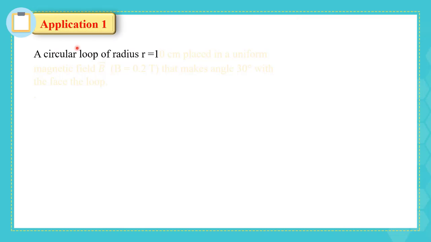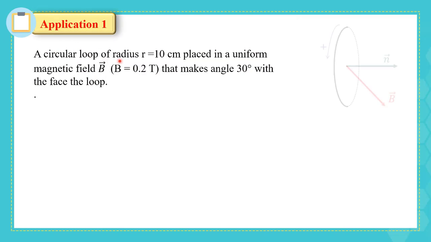Now let's solve application 1. A circular loop of radius r equal 10 cm placed in a uniform magnetic field B. The magnitude of this field is equal to 0.2 Tesla, and this field vector is making an angle 30 degrees with the face of the loop or with the plane of the surface.